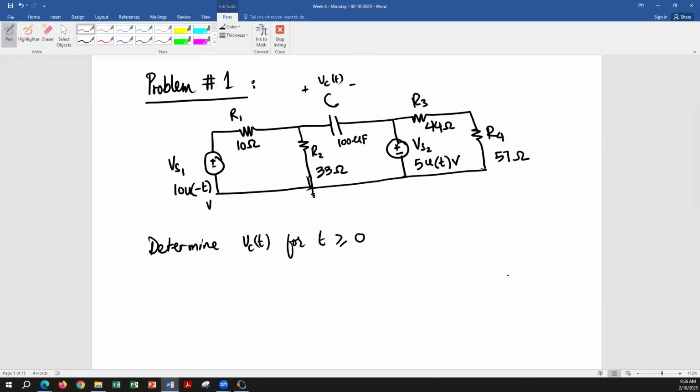All right, as far as those two sources are concerned, who can tell me how VS1 is going to behave? I'm going to ask you. All right, so Chris, how VS1 is going to behave? Okay. Natasha, how VS1 is going to behave?